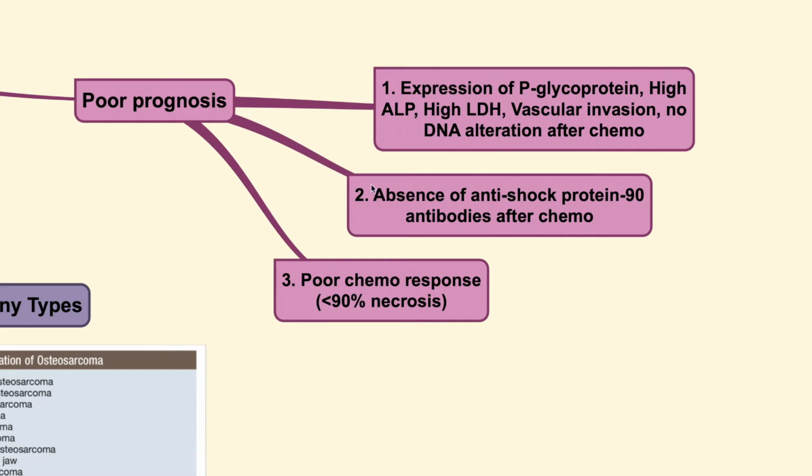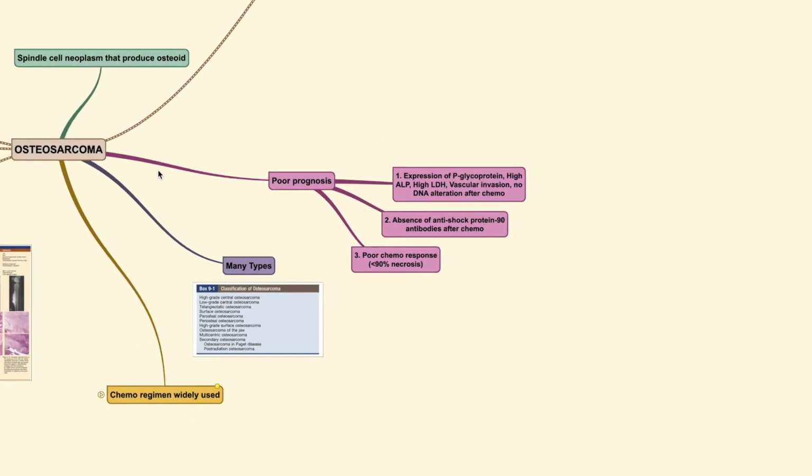There are also certain subtypes of patients who do not have anti-heat shock protein 90 antibody formation after chemo, and those patients who have a poor chemo response, showing less than 90% necrosis rate. These are the indicators of poor prognosis in patients suffering from osteosarcoma.